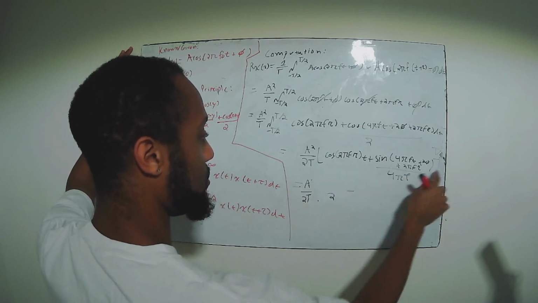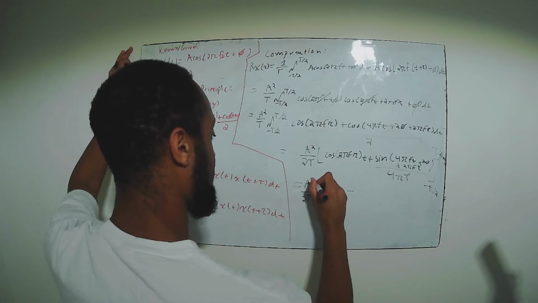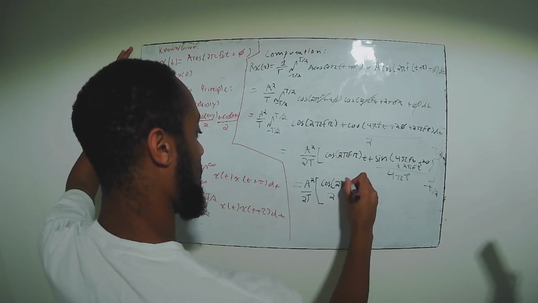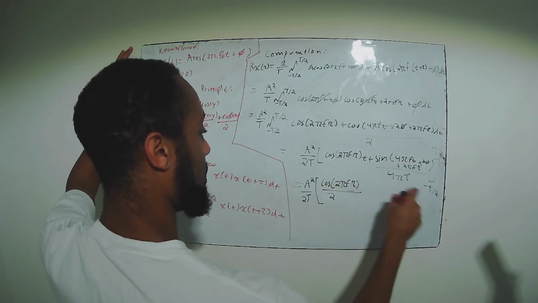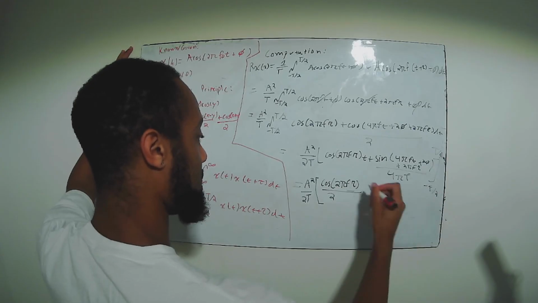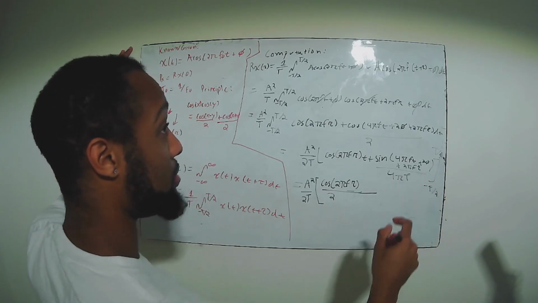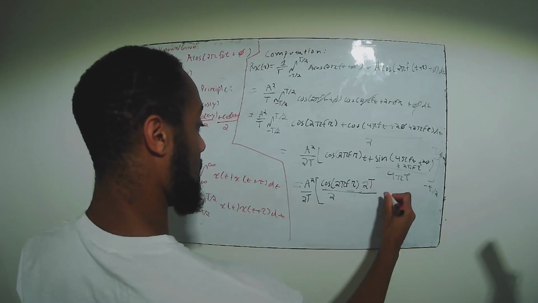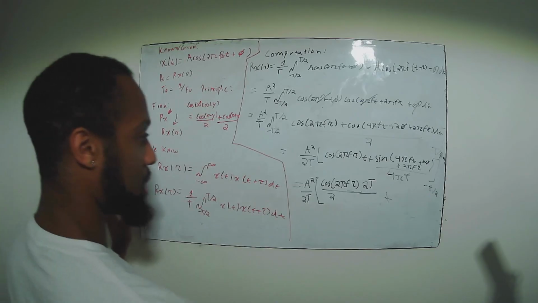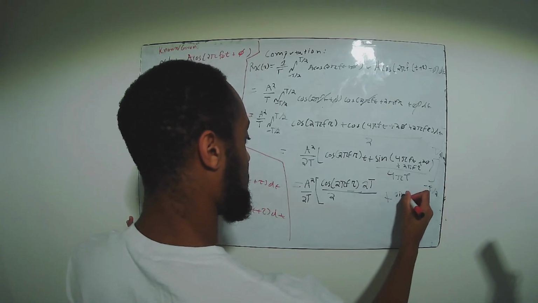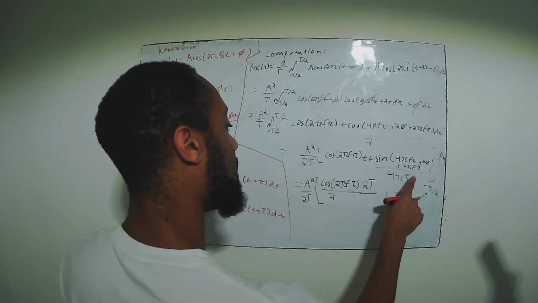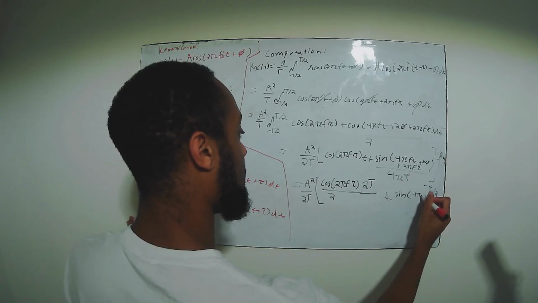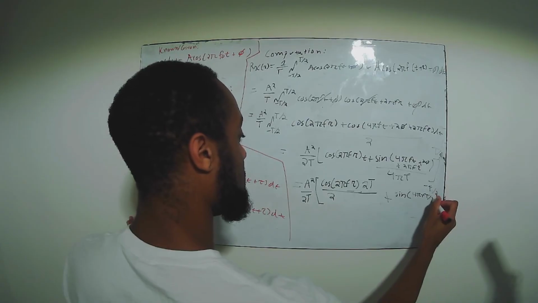When we add these two from t over 2 to minus t over 2, we're going to get cosine 2 pi f naught tau, and then t over 2 minus negative t over 2, that's 2t over 2, so it's going to be 2t here. And then over here we're going to get a sine of 4 pi f naught of t. So we get a sine 4 pi f naught of 2t.